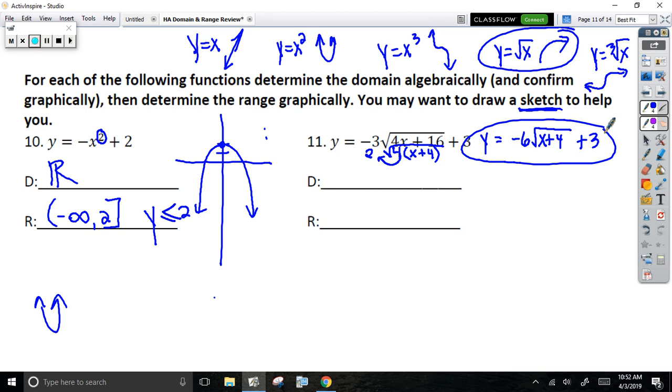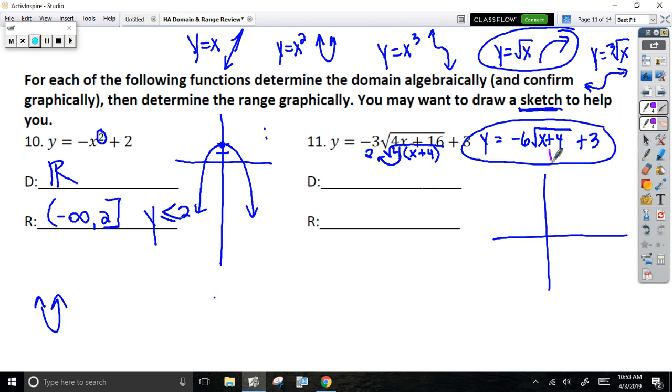So I heard someone say it's a stretch. It is. 6 is a stretch. What's the negative do to the graph? Last time it flipped the parabola upside down. So this time it's going to flip the half of the parabola upside down. So instead of counting like up 1 over 1, you'll go down 1 over 1.